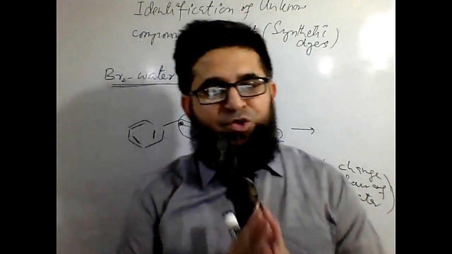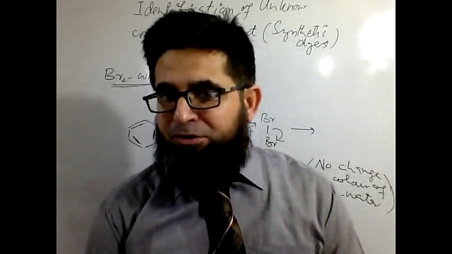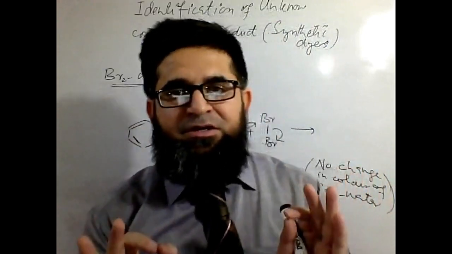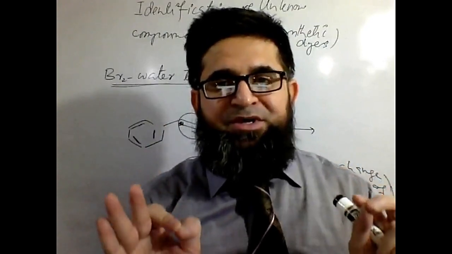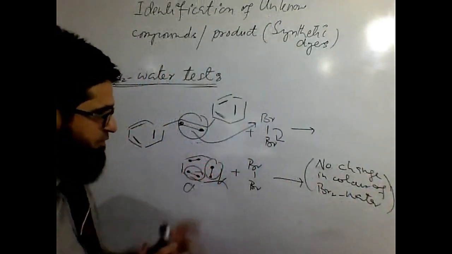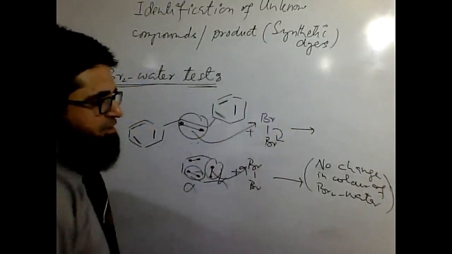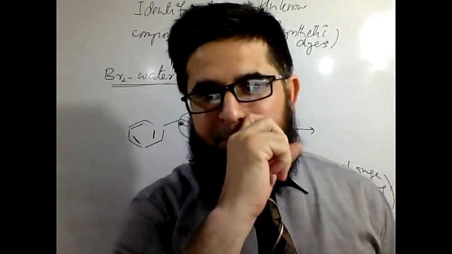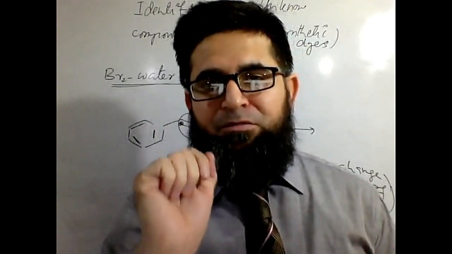As they are not true double bonds, they do not react with the bromine molecule and do not discharge the color, because benzene is not an unsaturated molecule. Benzene is supposed to be a saturated molecule, because the double bonds are not true double bonds. Subsequently, no product formation happens and there is no reaction, which suggests that benzene is inactive towards the bromine molecule.